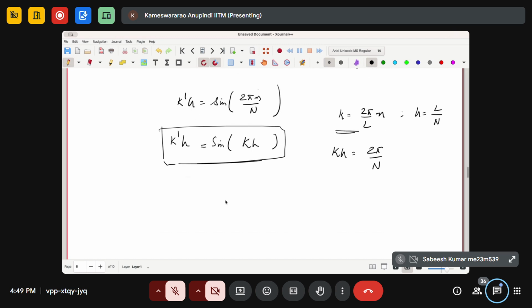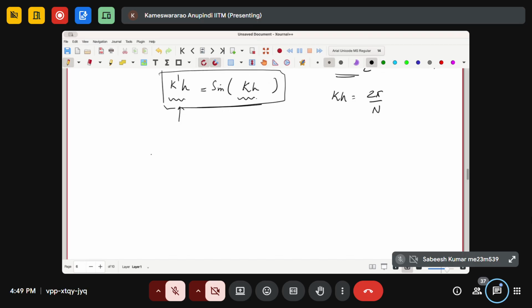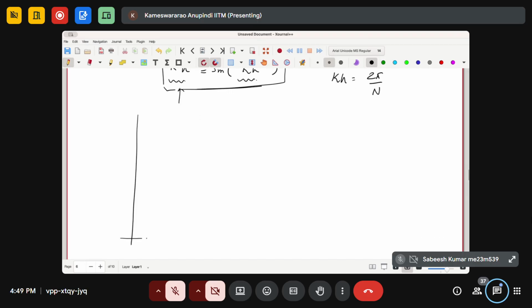That means if I look at how the modified wave number looks in terms of the actual wave number, then I can comment on how this central difference scheme is going to behave for slowly varying and rapidly varying functions. Let me draw a graph here.